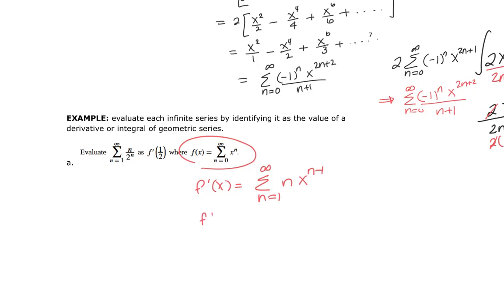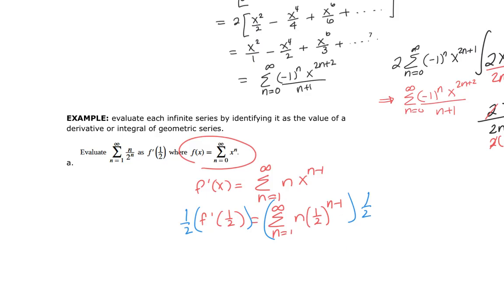Now if I do f prime of 1/2, this is going to be the summation of n equals 1 to infinity of n times 1/2 raised to the n minus 1. But I don't want n times 1/2 raised to the n minus 1. I want n over 2 to the n. So I'm going to multiply this side by 1/2, which means I need to multiply this side by 1/2.